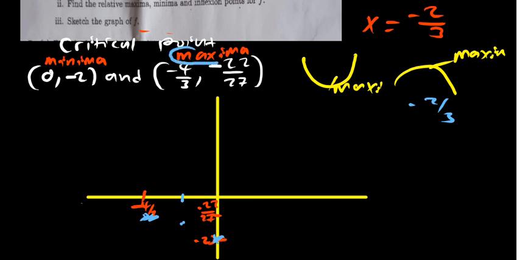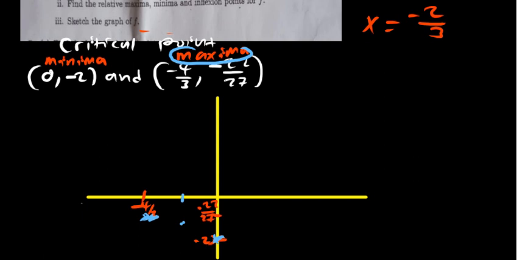What does it mean? At that point, the graph has to go what? How is our graph going to be like? Do you remember?